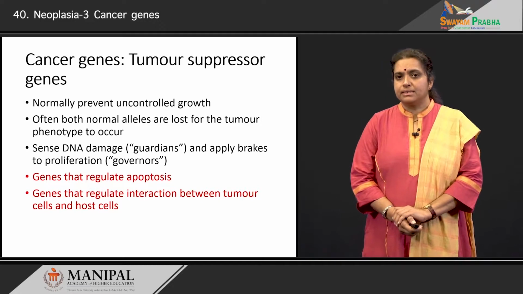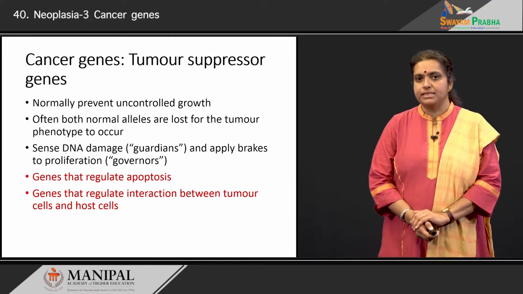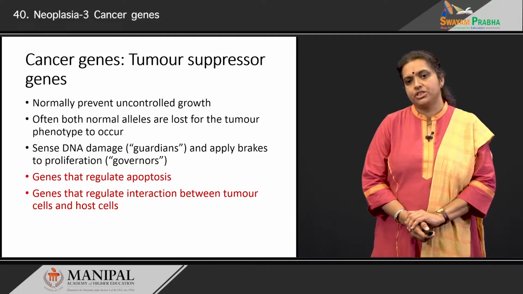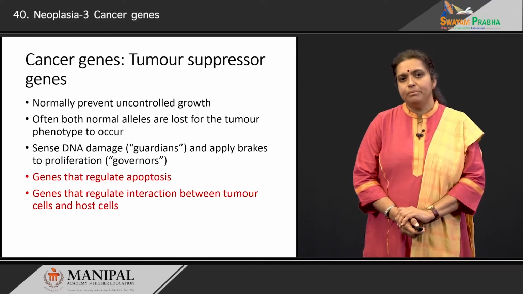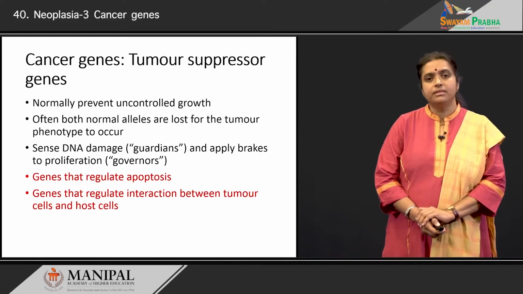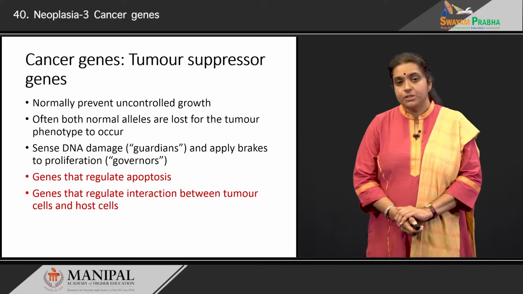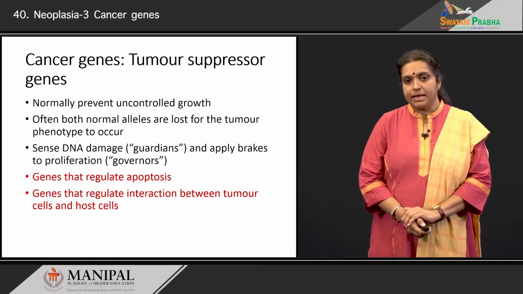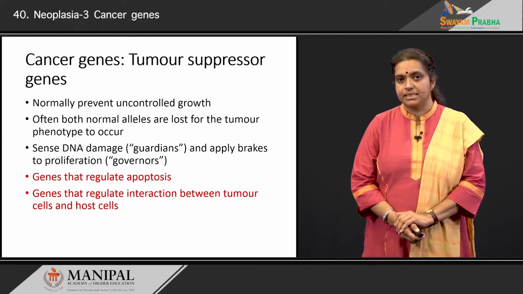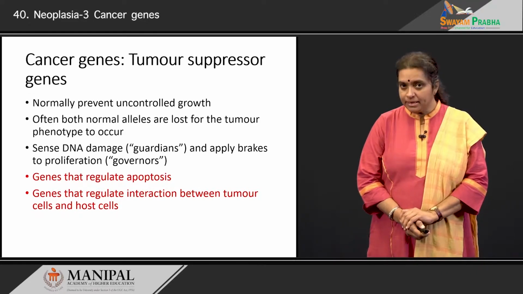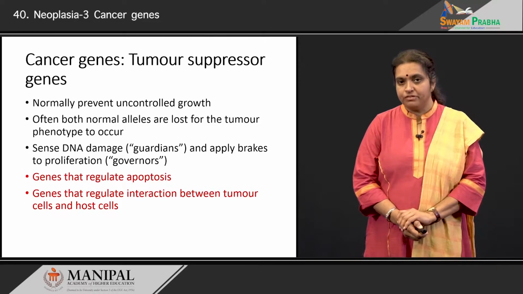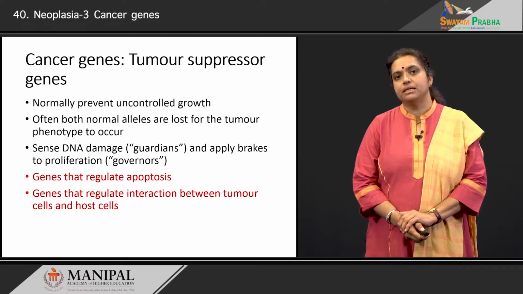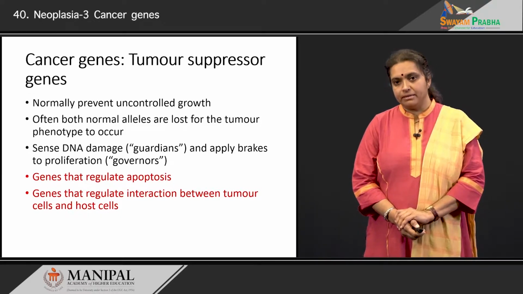So, what are the normal functions of the tumor suppressor genes? They can be broadly put into two categories, the guardians and the governors, which means there is a set of genes that sense DNA damage. Whenever there is DNA damage in a cell, they apply brakes to cell proliferation and do not allow the cell to progress and divide further.